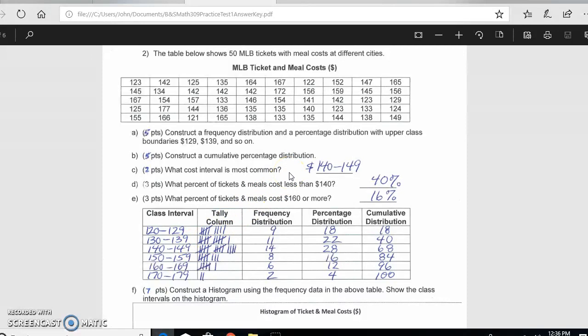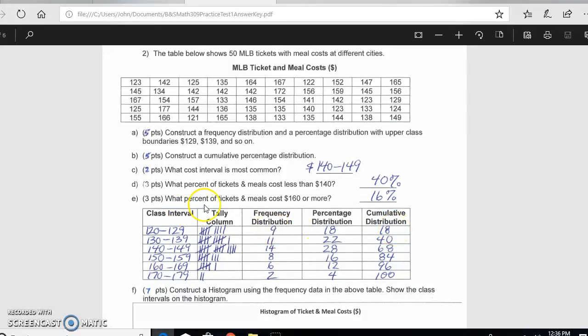Letter D asks what percent of ticket and meal costs are less than $140. Less than 140 would be these first two rows, 120 to 129 and 130 to 139. The percent is the 40% right here. 40% of the meal costs are less than $140.